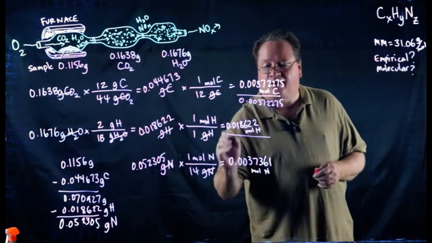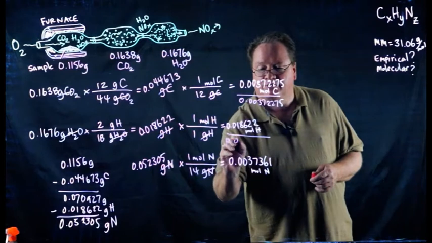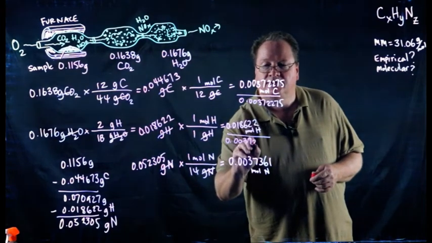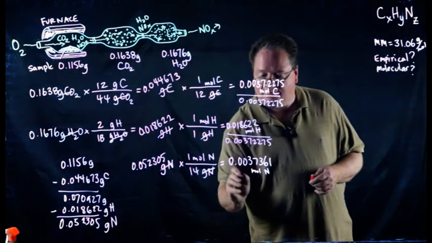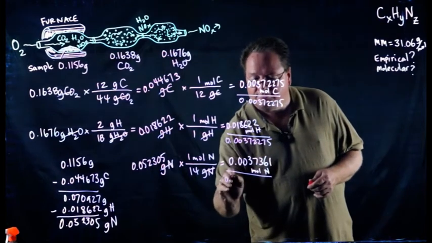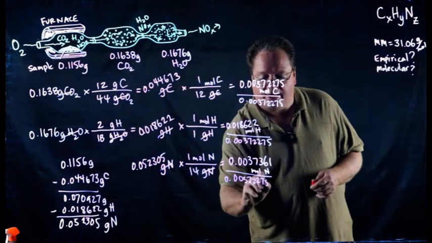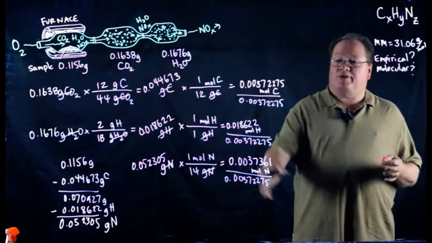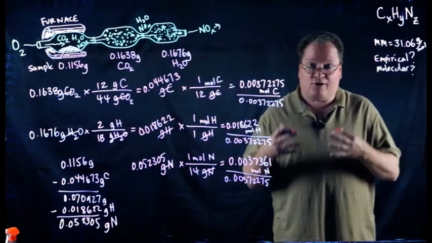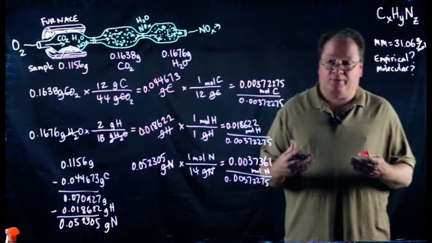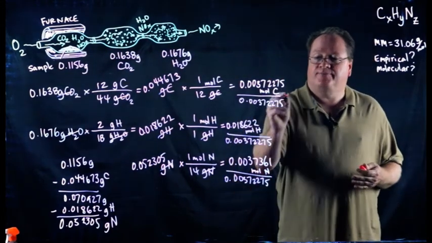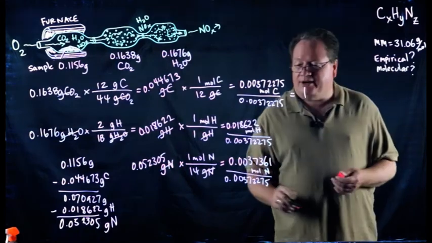I'm dividing all three of them by the same number. 7.5. Okay. And remember, the purpose for this is I'm making a whole number ratio is what we want. This is making the ratio. This is easy. That's 1.